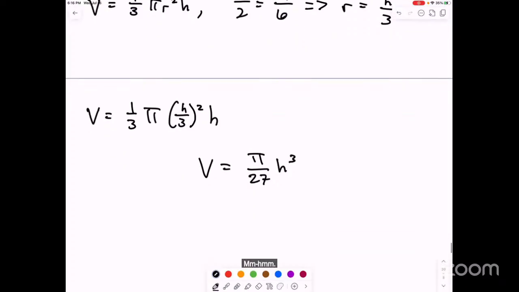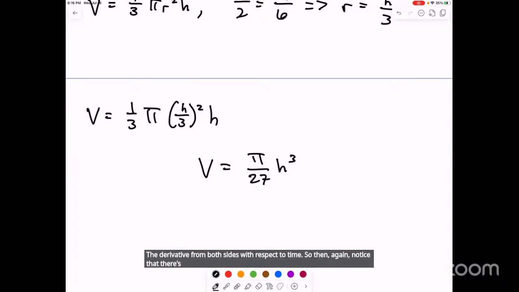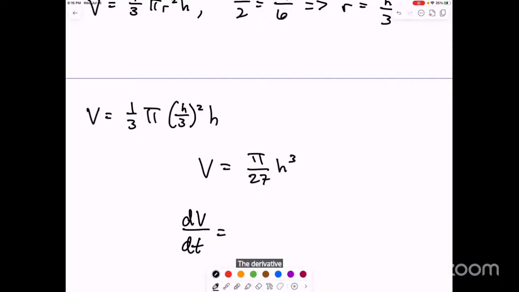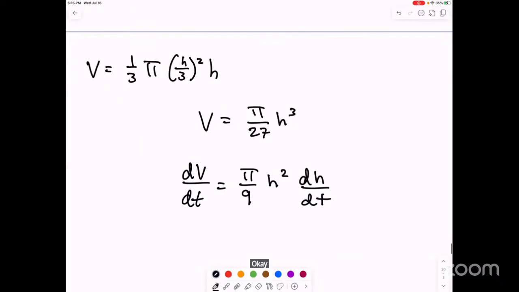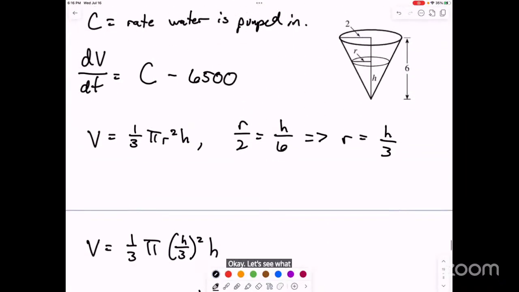So then from here we want to take the derivative from both sides with respect to time. Notice that there's no t there, so we got to do it like this. So then dV by dt equals, the derivative here becomes, what is that? The 3 comes down, pi over 9 h squared, and then we got to tack on this dh by dt. Okay. Let's see what else we were given.